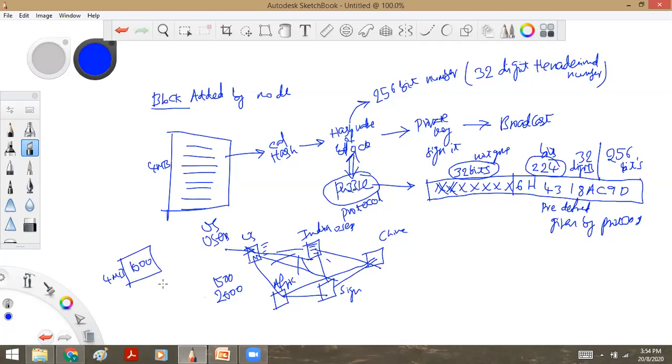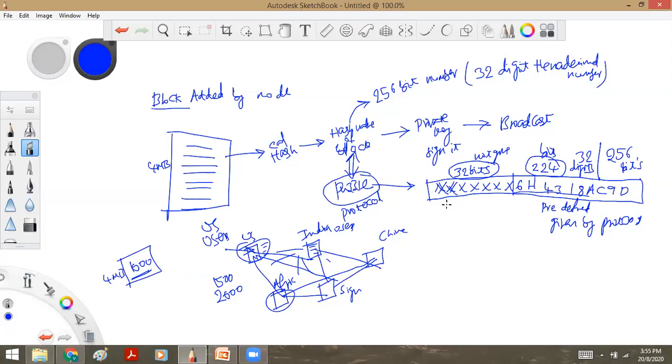Okay, so at a given point of time, this 1000 of US node will be different. This 1000 of African node is different. So the pool will be different. Now imagine, even though these nodes don't know the block which is to be added, the protocol somehow will generate a random number.